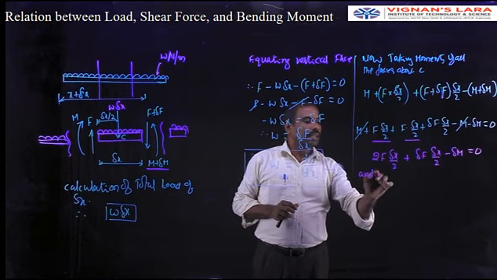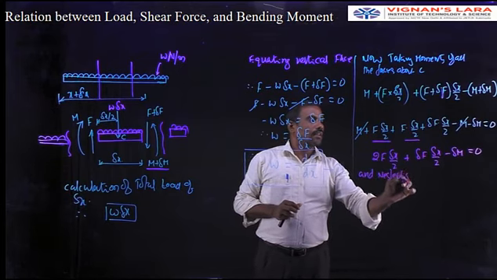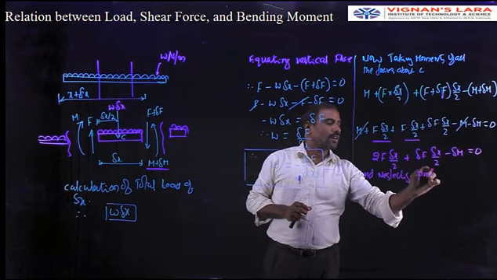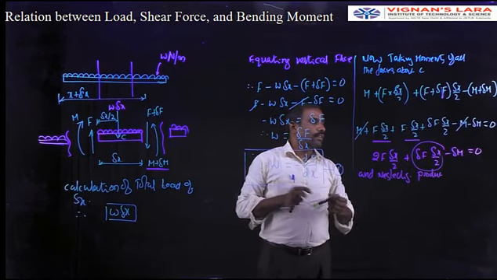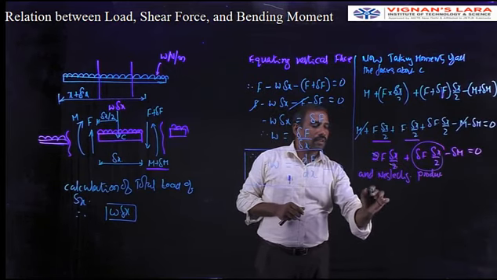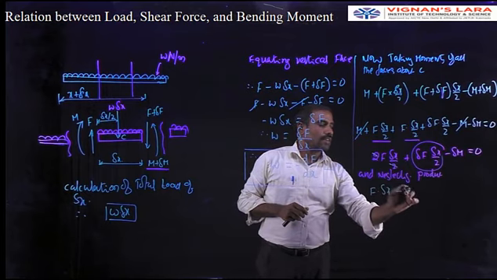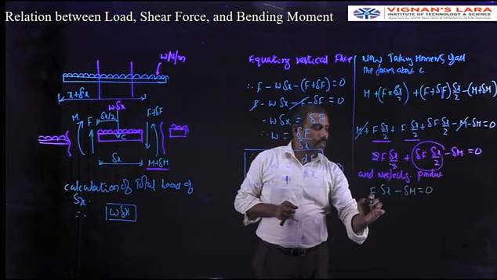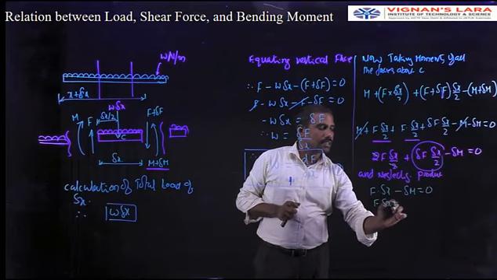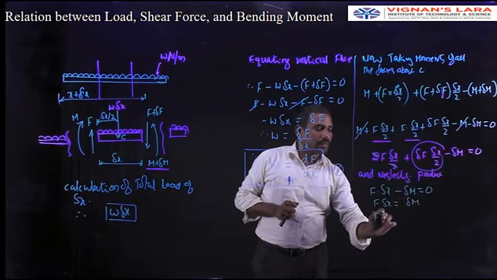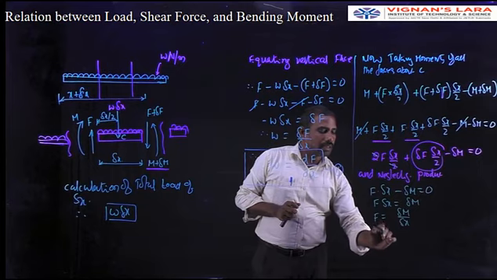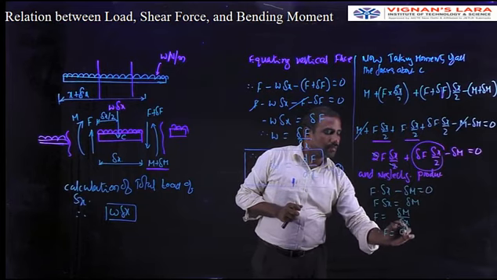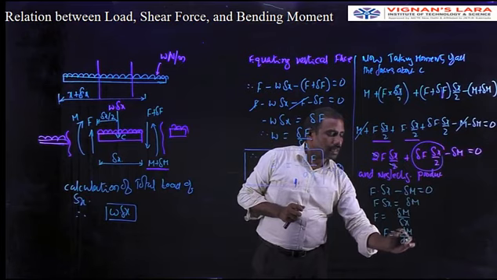Neglecting products of small quantities, that is neglecting this value, finally F into delta x minus delta M is equal to 0. So F into delta x is equal to delta M, F is equal to delta M by delta x. This can be rewritten as F is equal to dM by dx. This is the shear force.